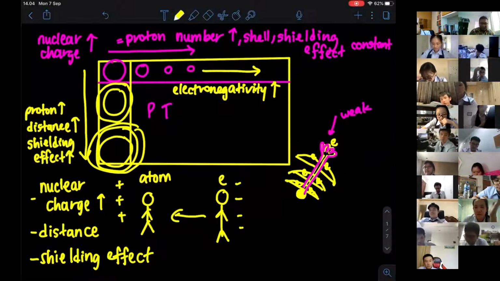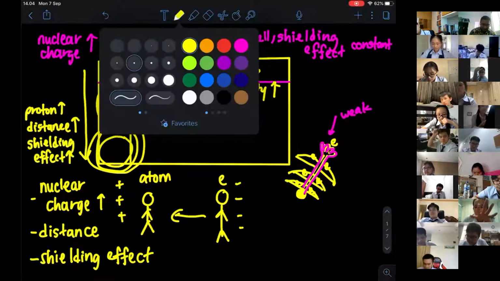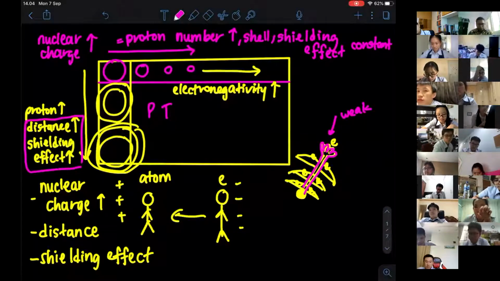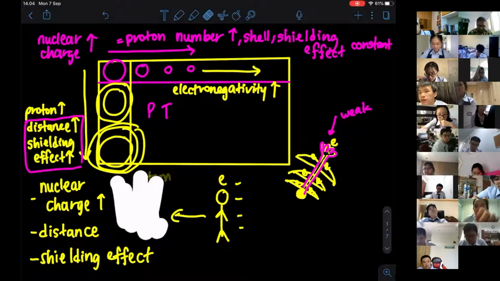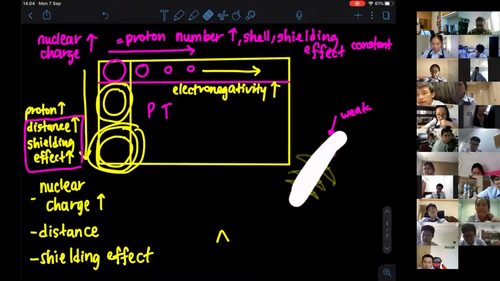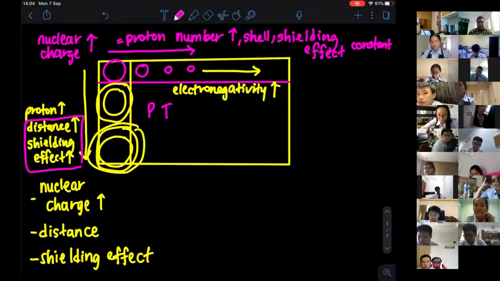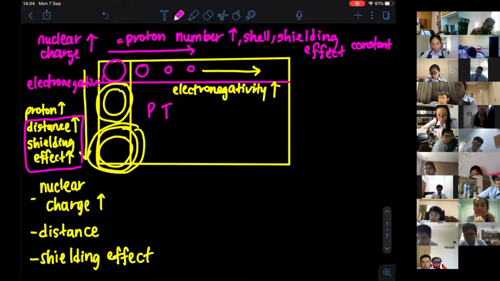Now these two factors will outweigh the increase in proton number. So if I erase this part, I can say that as I go down the group, my electronegativity will decrease.